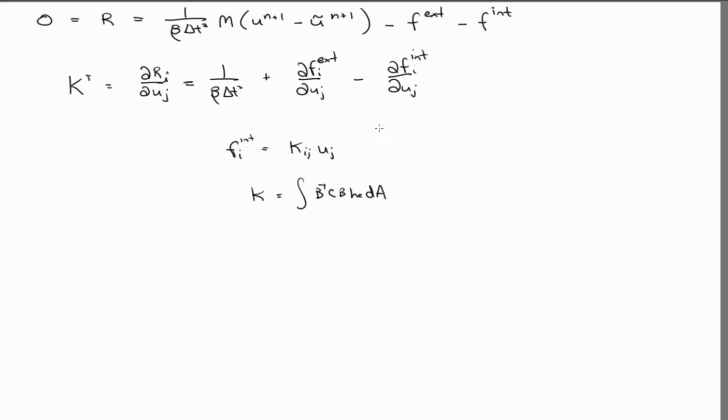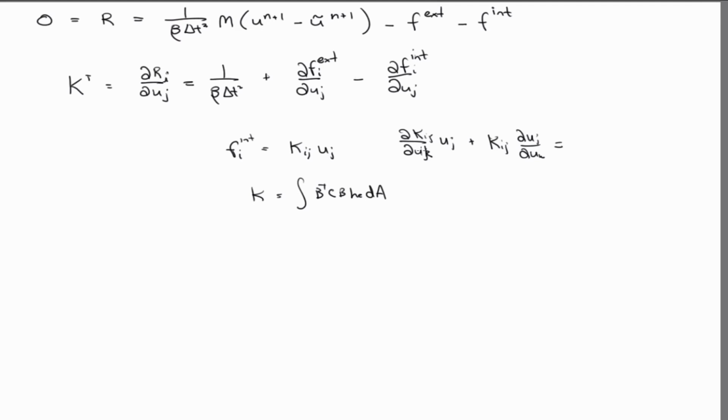So then if we take the derivative of it, we have partial K ij partial u k, u j, plus K ij partial u j. I should probably use a K here, partial u k.